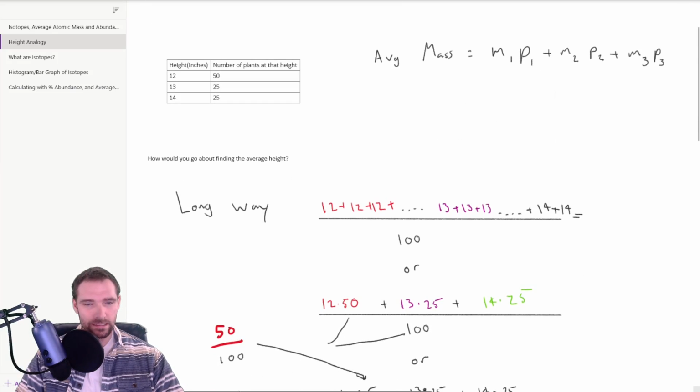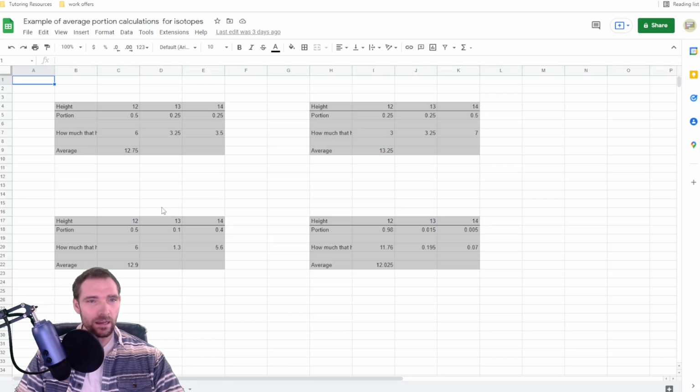But you can see this in effect right here. I have some different heights and their portions. So this is 12 times 0.5, 13 times 0.25, and 14 times 0.25. And you can see in this situation, the average is a little bit more than 12, but it's pretty close to 12, which makes sense given how most of our sample was 12.